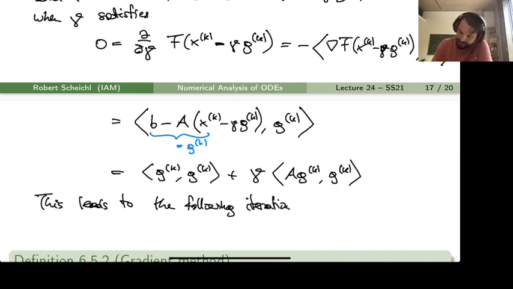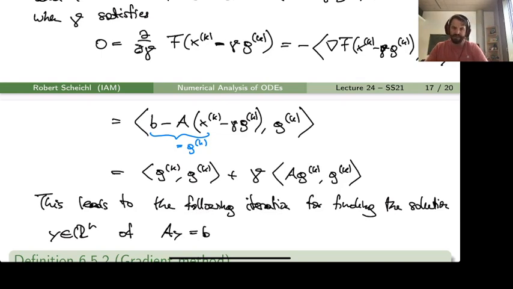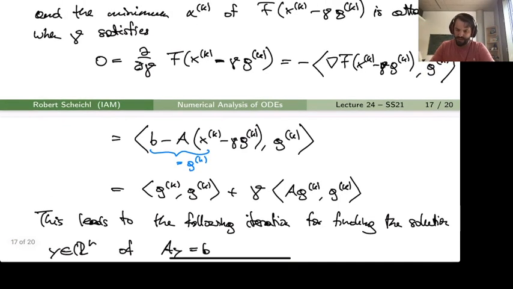For finding the solution y in R^n of Ay equals b. So maybe I'll just give this last condition already here because we did the result.